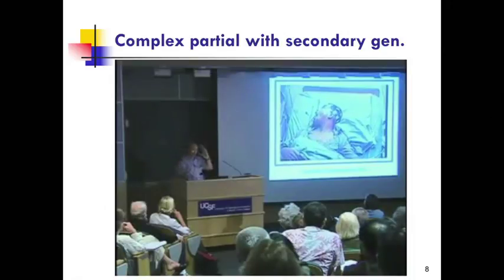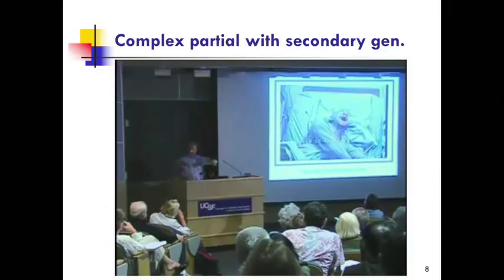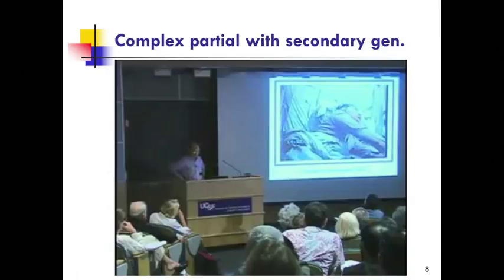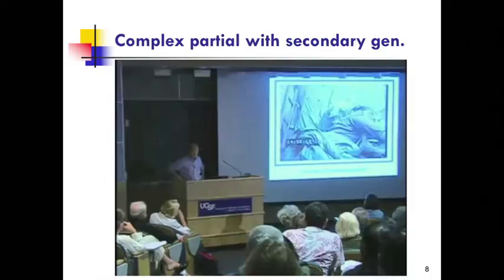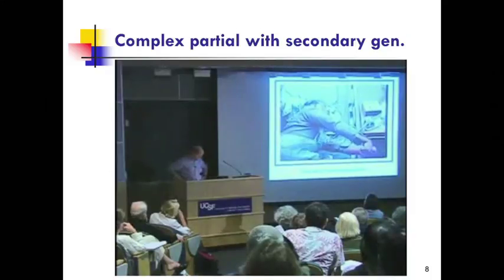This is the tonic phase. You see all the muscles are contracted, including the oral muscles. So tonic. As soon as you see jerking, it means the clonic phase has started. Clonic is coming in gradually.